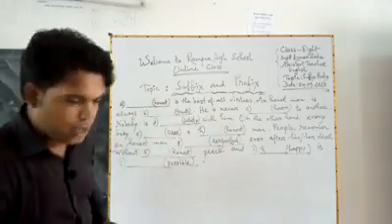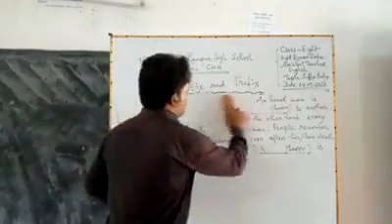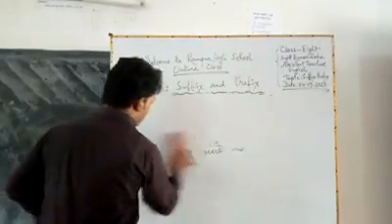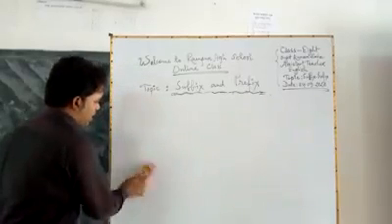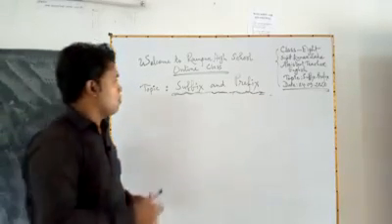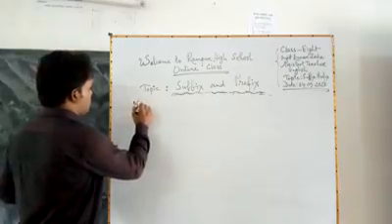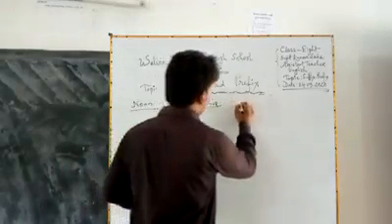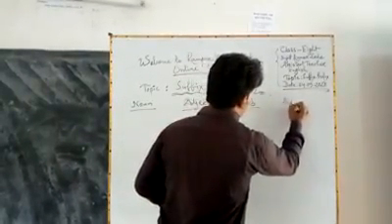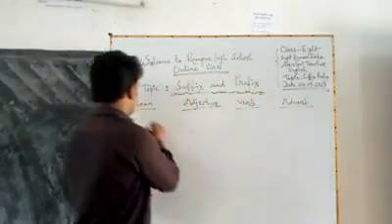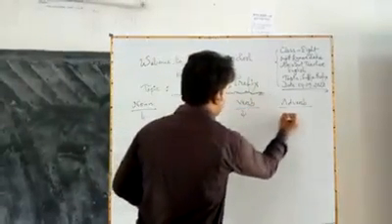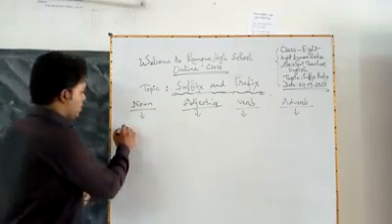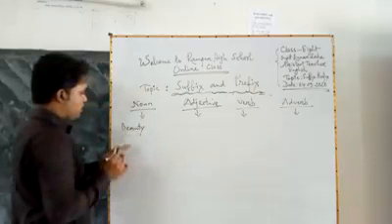Now I will discuss the last point about suffix and prefix. We know that a word can be changed into various types of parts of speech: noun, adjective, verb, adverb. A word can change its form in four categories. Here we may write beauty.